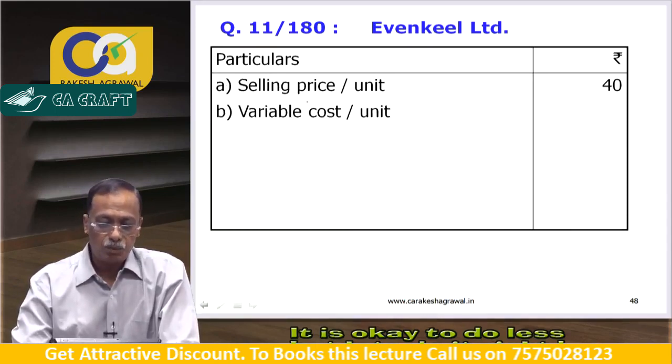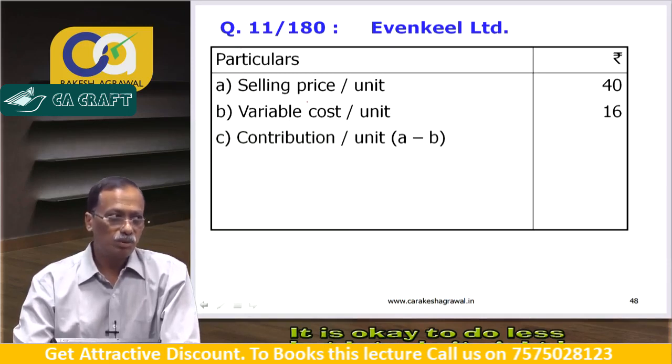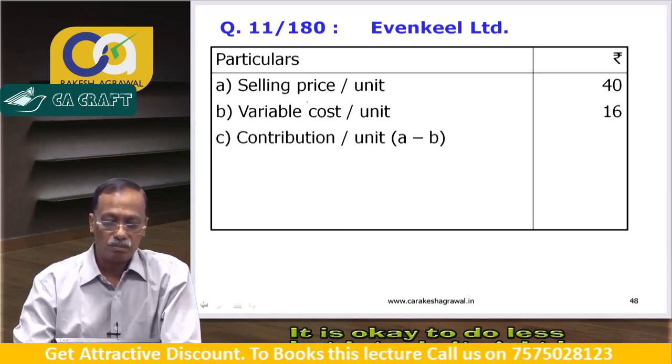B, variable cost per unit, 16. C, contribution per unit, A minus B, that is 24.